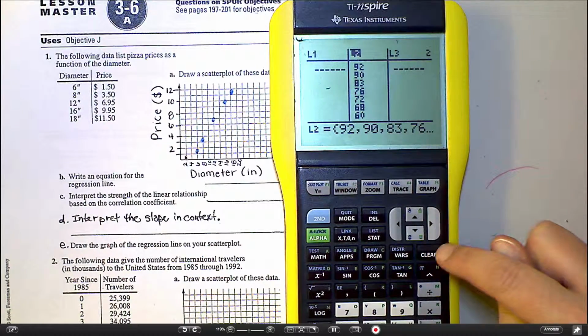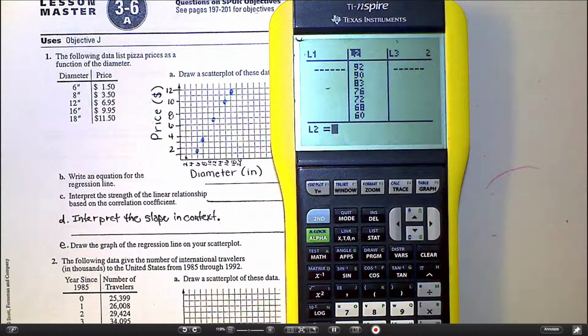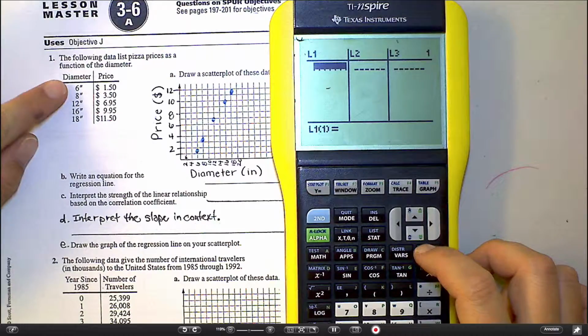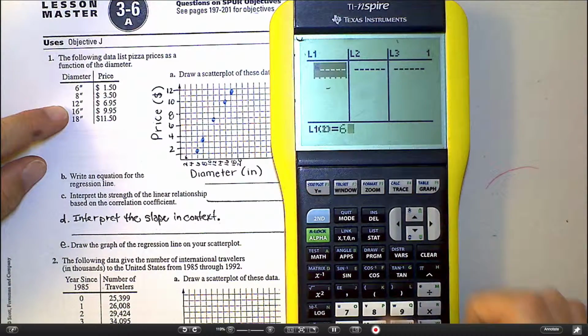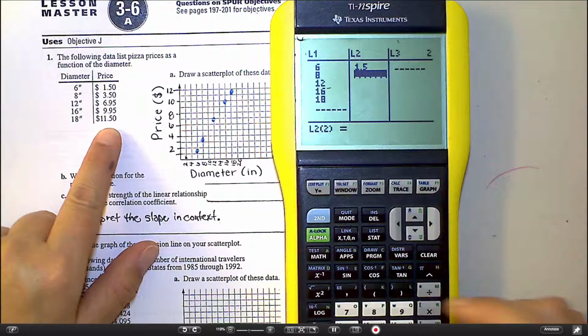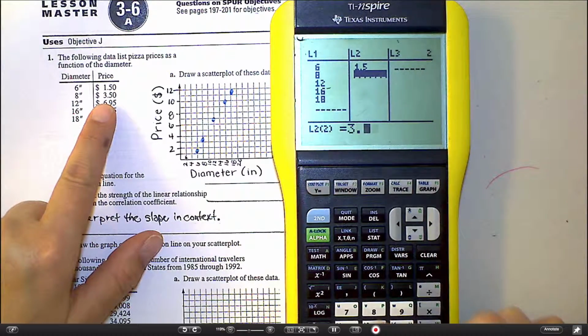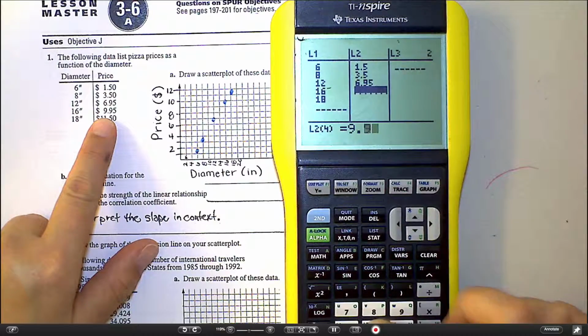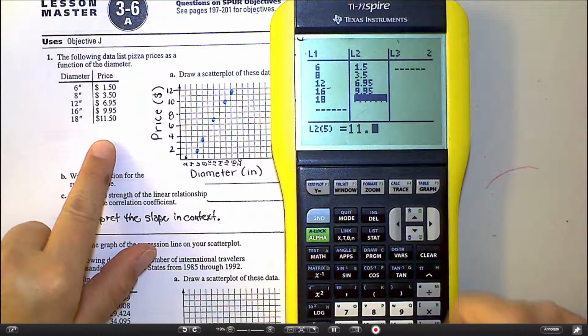So Clear and Enter down at the bottom, and that empties it out. In List 1, I'm going to put my diameter. So 6, 8, 12, 16, and 18. In List 2, I'm going to put my prices, and I'm just going to put them as decimals. So 3.5, 6.95, 9.95, and 11.5.